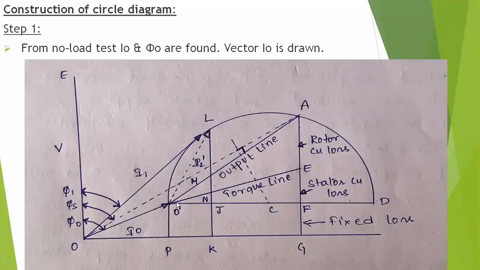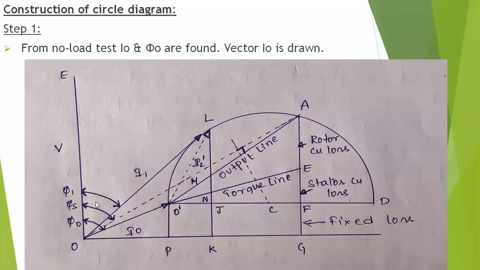So here in the diagram, we can see the center of the circle C. Our main aim is to find the circle center C. For finding the center C of this circle, chord O dash A is bisected at right angles.